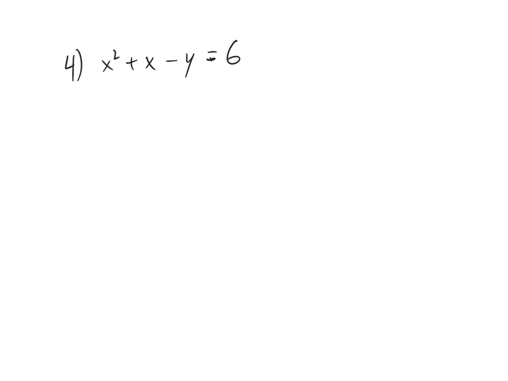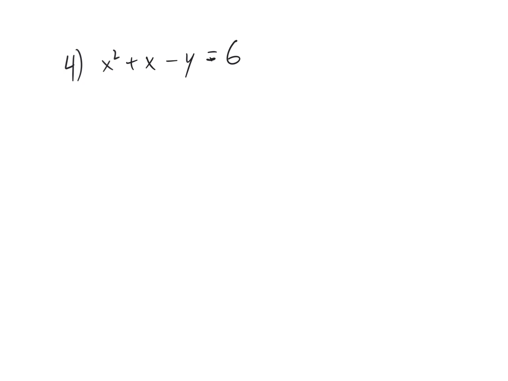Now, if we're going to test this for our symmetry types, remember, we're going to plug in each different variable as its opposite and we're going to try and compare that to this original function. If it matches, then we can say that it has symmetry. Okay, so this is kind of how I would set this up.